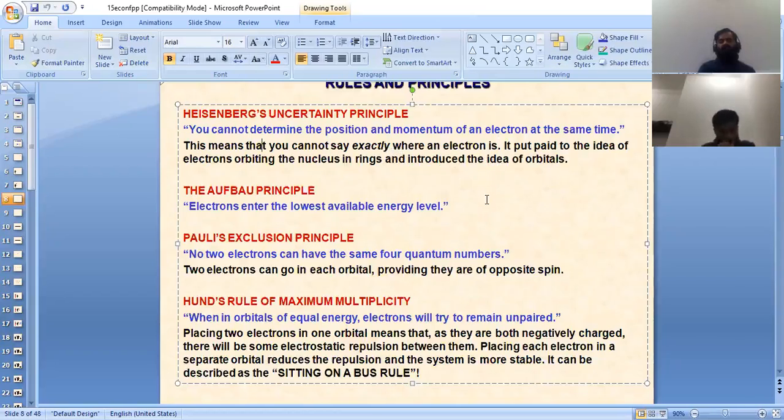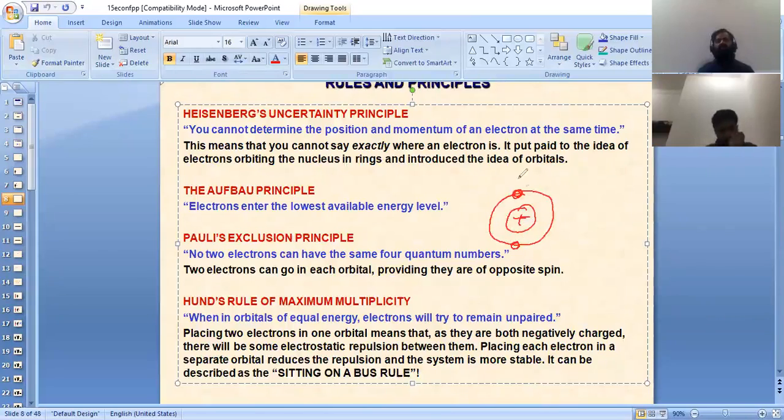Because of this, Mr. Aufbau told that electrons try to enter the lowest possible available energy level. It means filling starts right after the nucleus, right? Filling will not be from the outermost. This is logical, that with the nucleus, filling must start from the lowest level first.